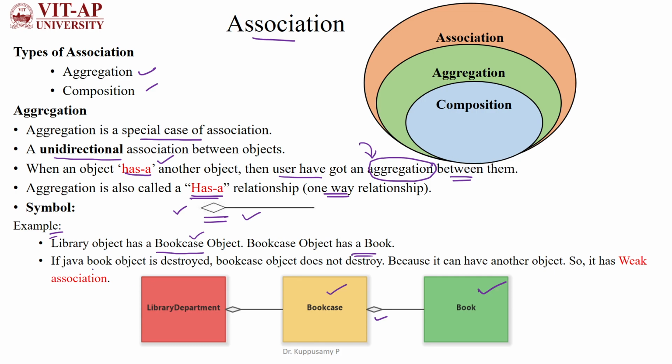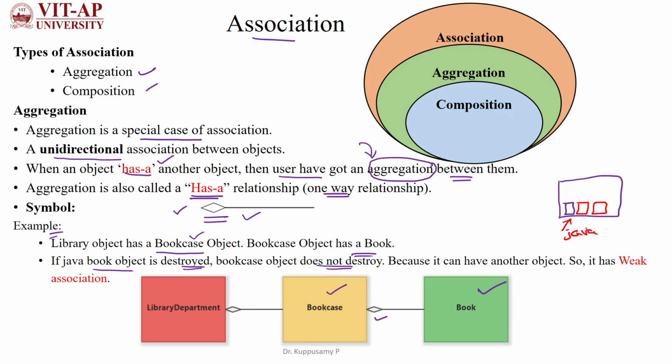If the Java book object is destroyed, that means the book is destroyed, then the bookcase object does not get destroyed. So if you have a shelf like this, you will arrange the books here. When you are arranging many books in the bookcase, assume that we have the Java book.